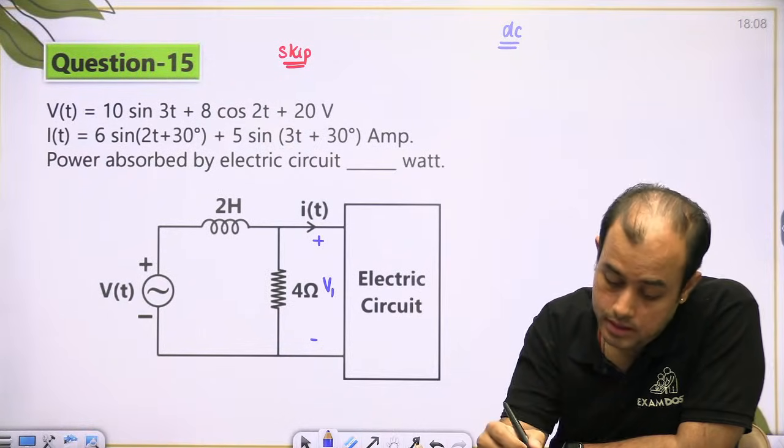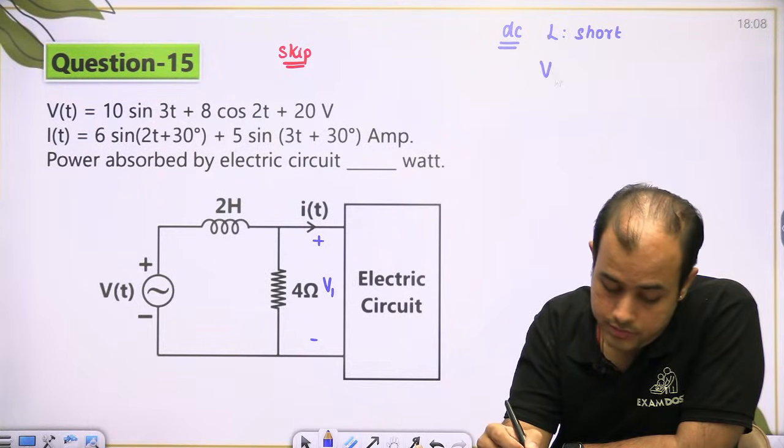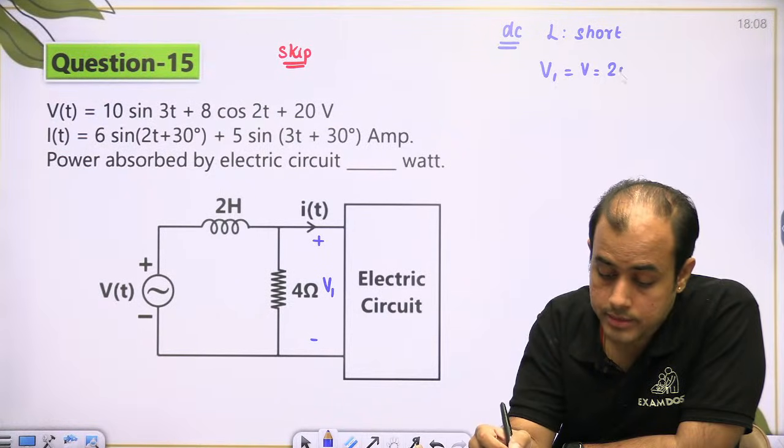E1. Inductor will be short. So V1 will be equal to V, that is 20.